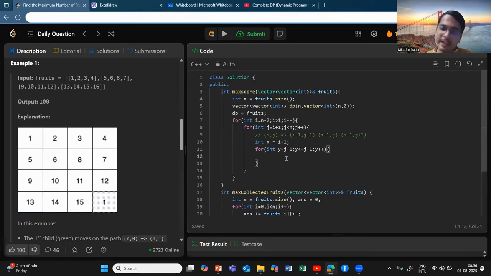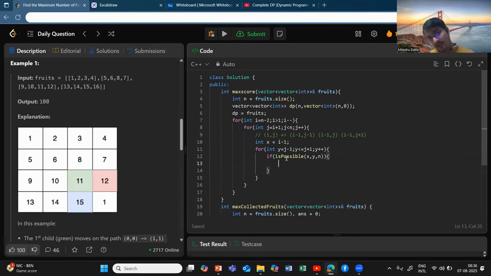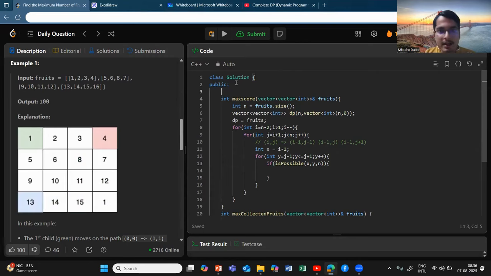If you see, these loops only take three values, and it will tell me first whether it is possible to take a step. If it is possible to take a step, then only it will take it, otherwise not. What do I mean by is possible? You need to check whether it is in the upper triangular matrix and whether it is not going out of the grid. So I will just write a bool is possible function, which takes x, y, and n also.